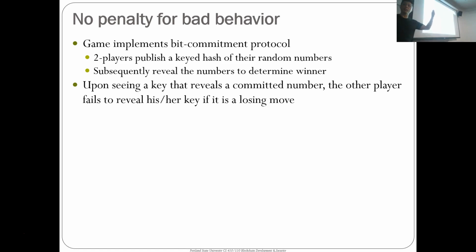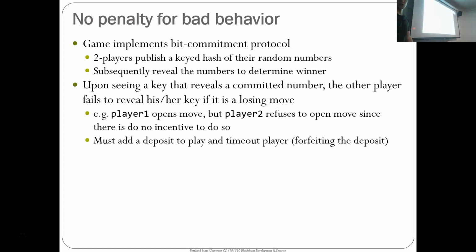If you have 2 players, they both broadcast their hashes, and then one of them reveals their random number, the other player immediately knows whether or not he or she is going to win that coin flip. They can then just say, I'm not going to reveal my random number because I'm going to lose. As a smart contract, you have to penalize the player that refuses to reveal their random number in order for the game to be fair.